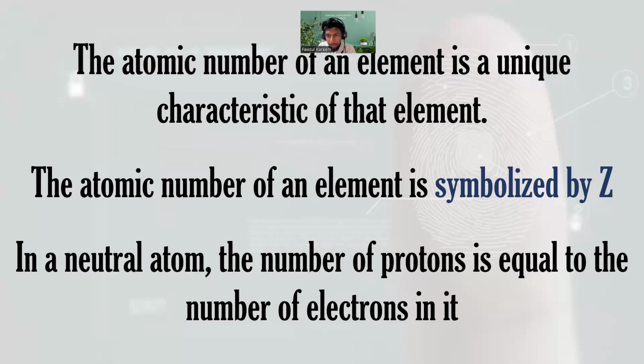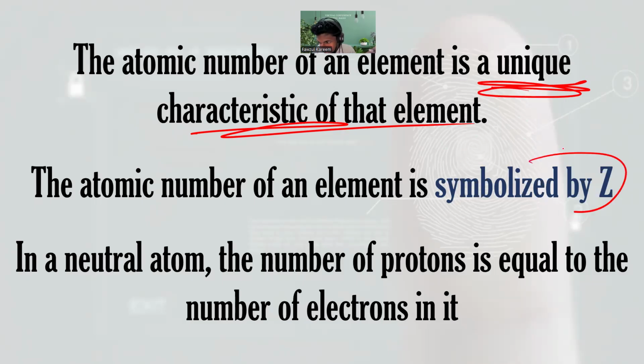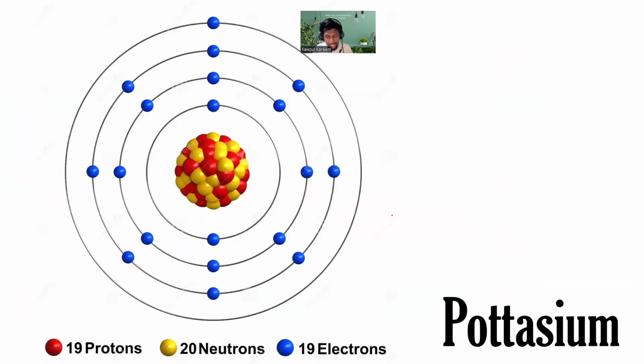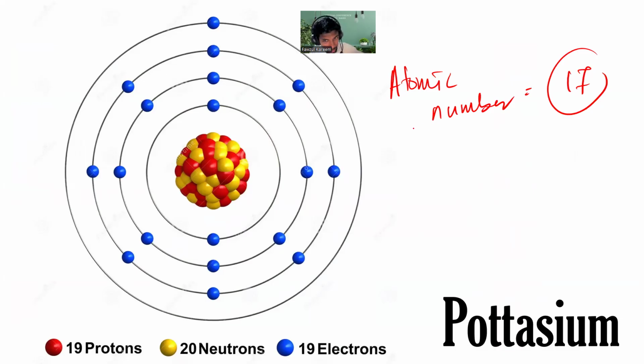So atomic number is a unique character, and atomic number is symbolized by Z. That means if I ask the atomic number here, you will write atomic number equal to 17. But now hereafter you can say Z is equal to 17.